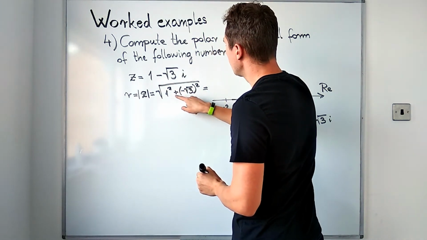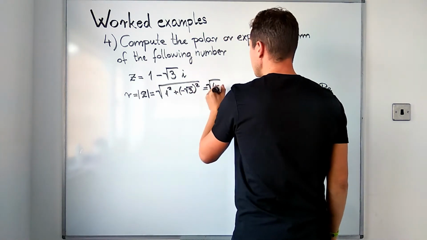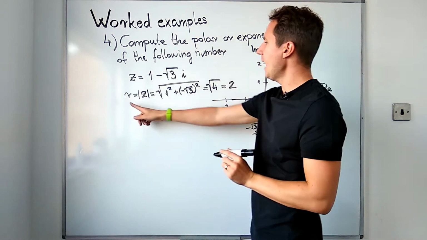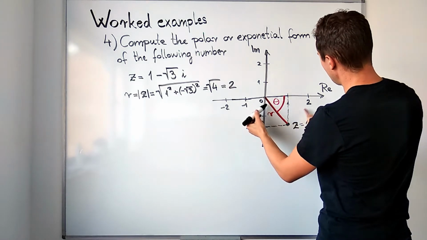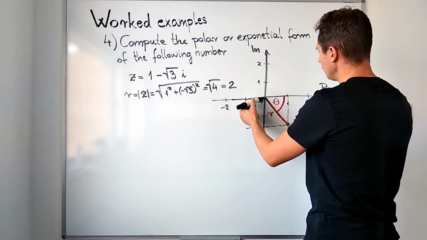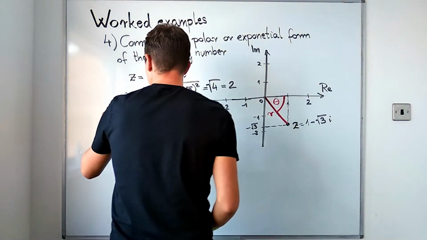So this is 1 plus 3, giving us 4 under the square root, and the positive square root of 4 is plus 2. So we have the length of this number. This is 2 units. My drawing is not perfect, but basically this point should be 2 units of distance away from the origin.